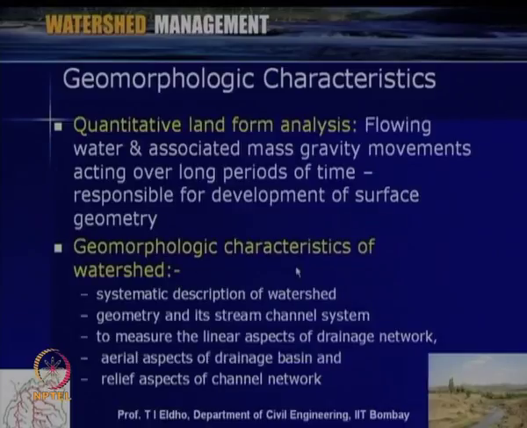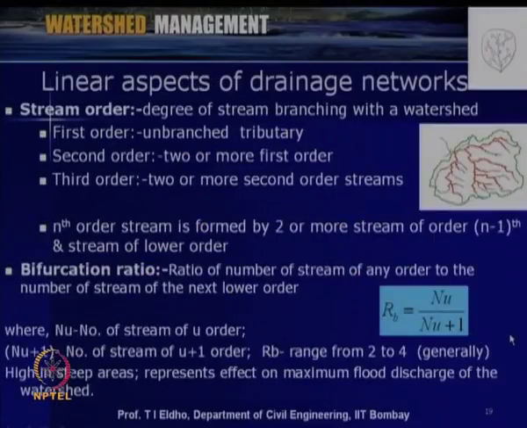So, these are some of the important characteristics as far as the geomorphological features of the watershed. So, we will have detailed discussion as far as the linear, aerial and relief aspects of the watershed is concerned. So, first let us look into the linear aspects of drainage network.